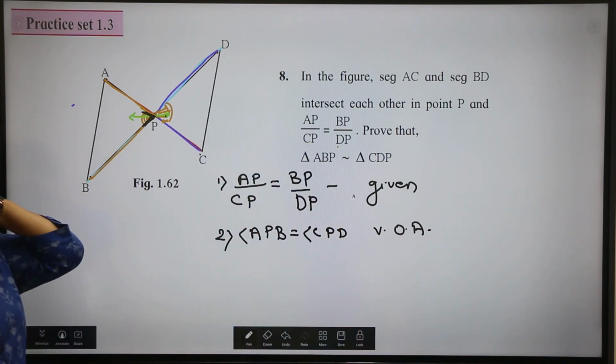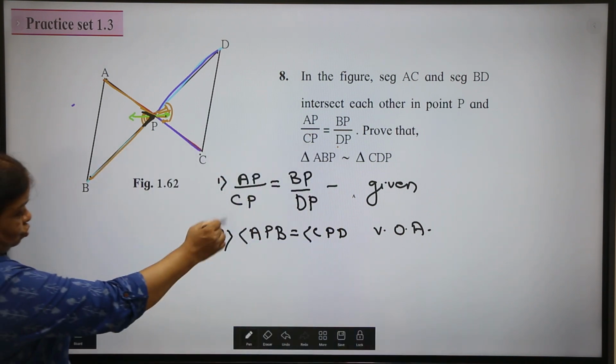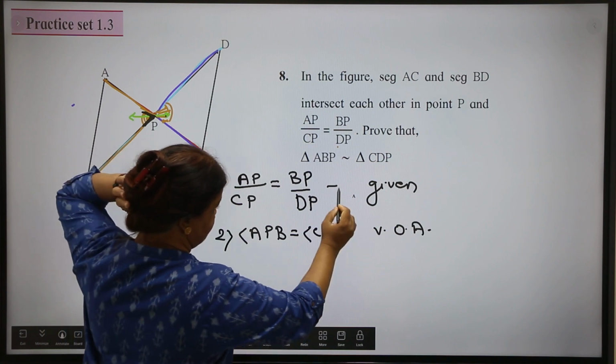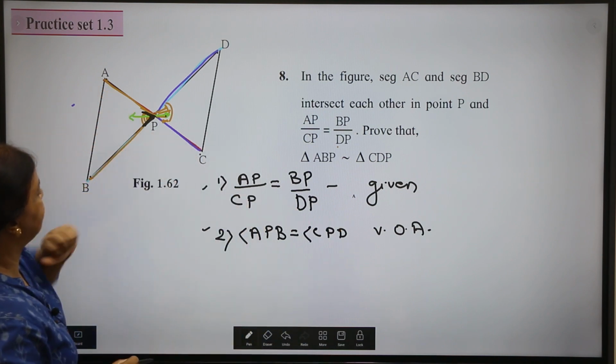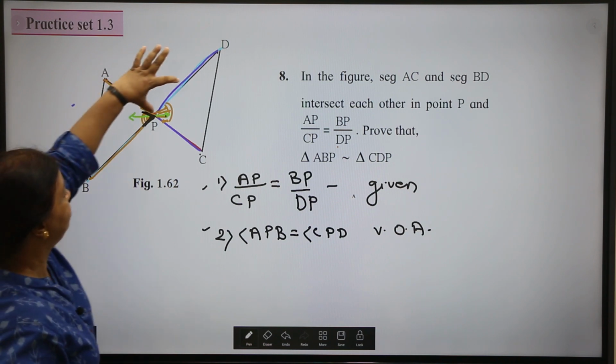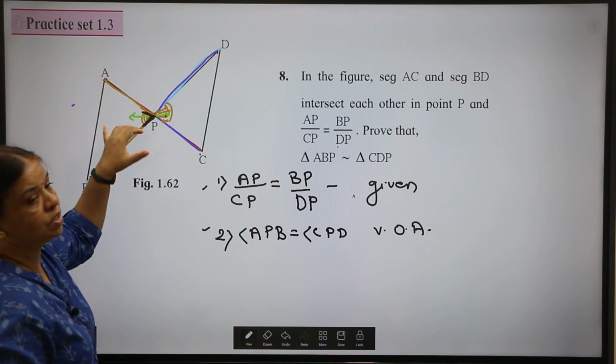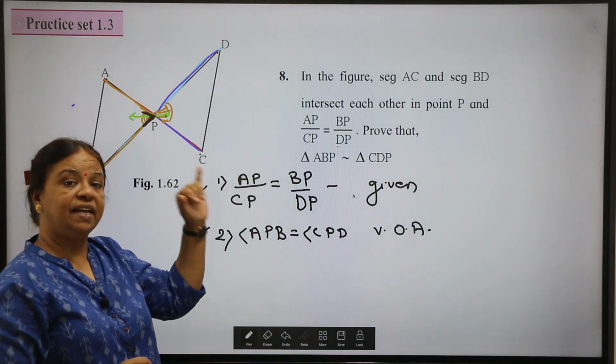Clear? Now if we compare these two, first statement and second statement, AP upon PC is equal to BP upon PD, and in between these two corresponding ratios one angle is equal.